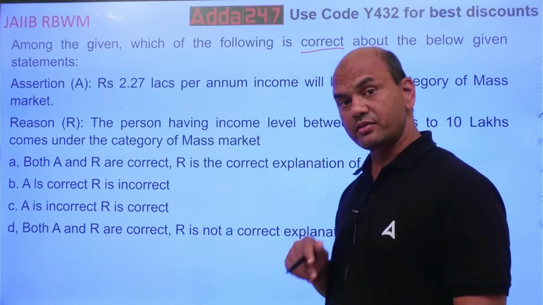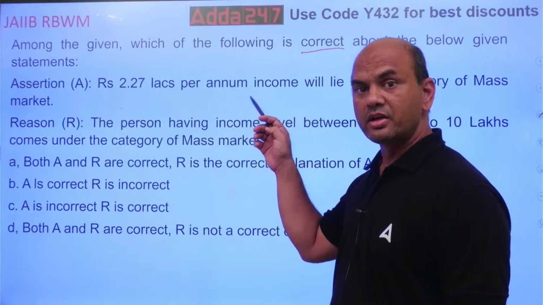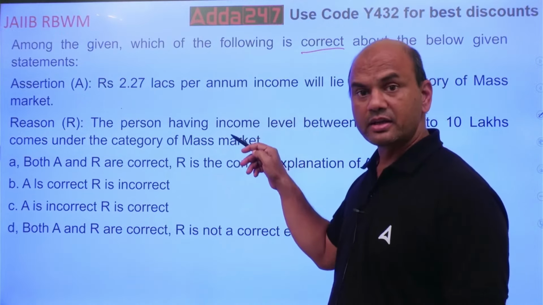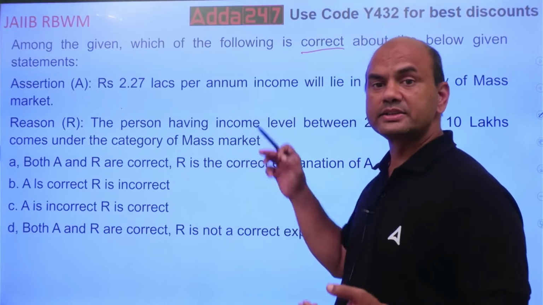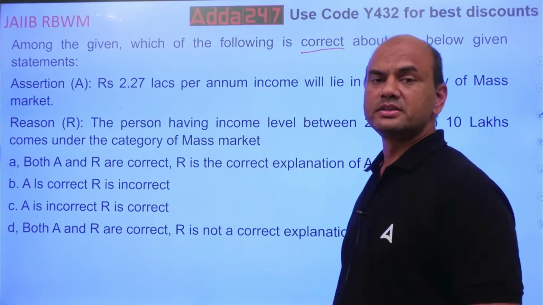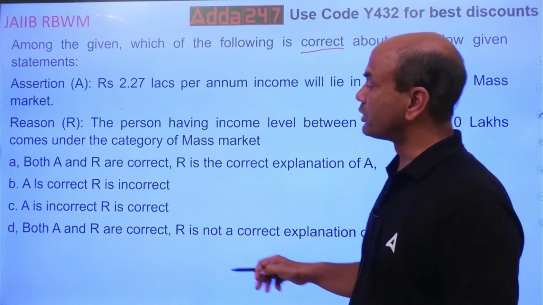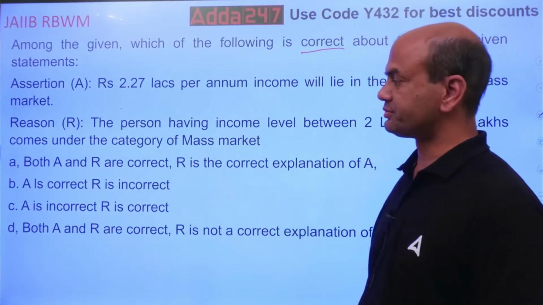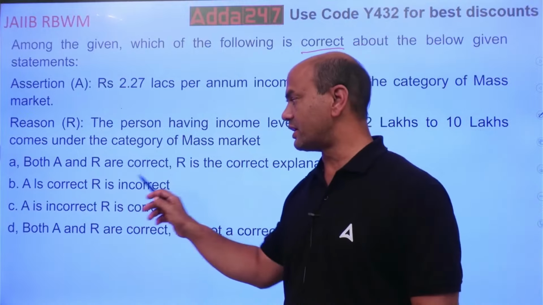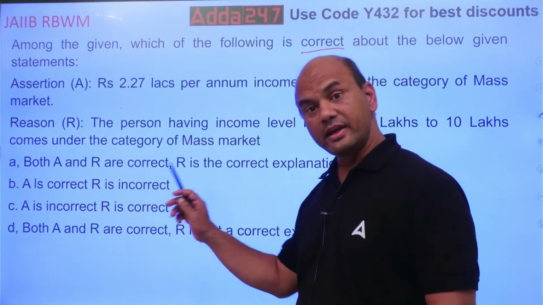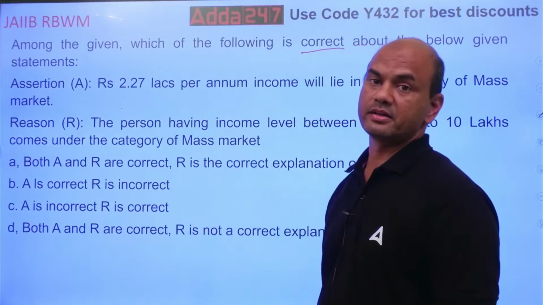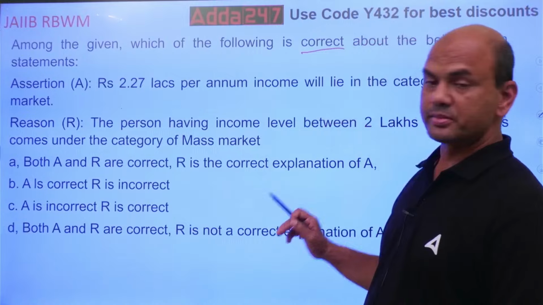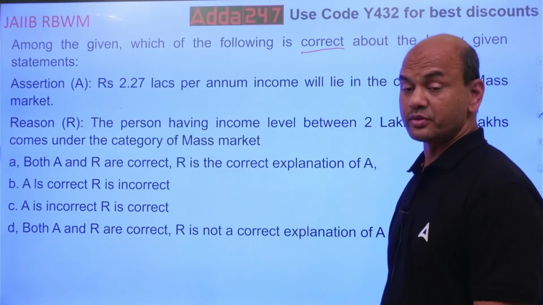You have to check whether the statement is correct, whether the reason is correct, and if both are correct, whether R is the right reason for this statement. The options: both A and R are correct, and R is a correct explanation of A; A is correct, R is incorrect; A is incorrect, R is correct; A and R are correct, but R is not a correct explanation of A. This is what you have to check now.